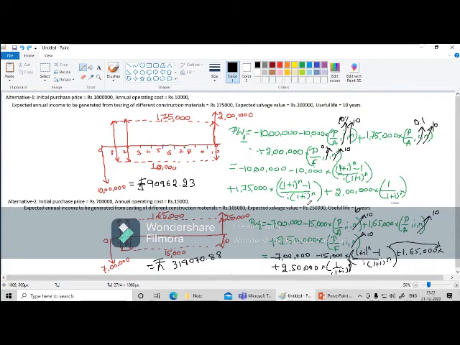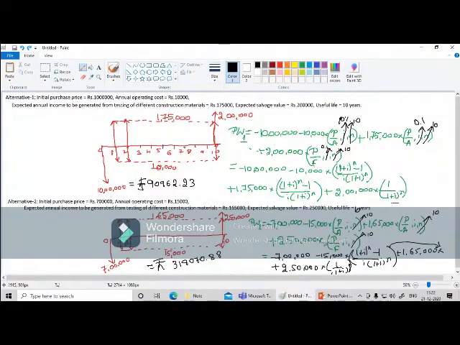So in present worth problems, we had type 1, without gradient and with the same useful life. Both alternatives had the same useful life of 10 years. So now we have another type of problem where one alternative's useful life is different from the other alternative's useful life.